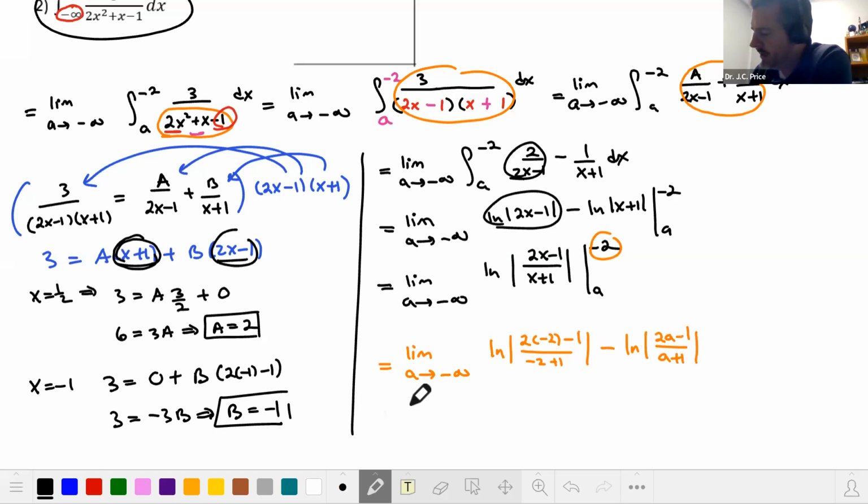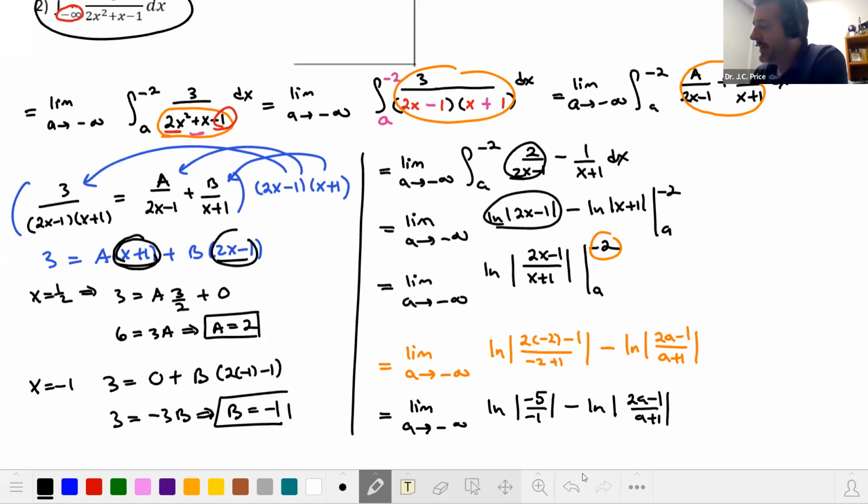It's going to be equal to the limit as a goes to negative infinity of ln, and then absolute value, I have 2 times -2 is -4 minus 1 is -5 over -1. And then minus an ln of absolute value of 2a minus 1 over a plus 1.